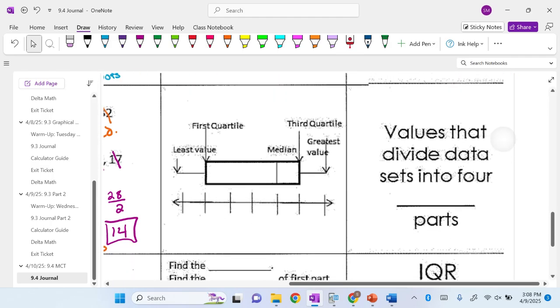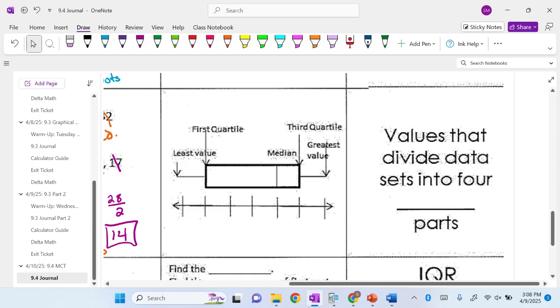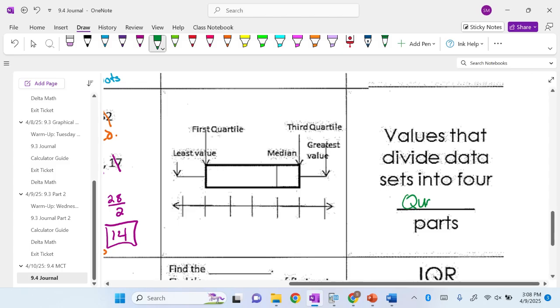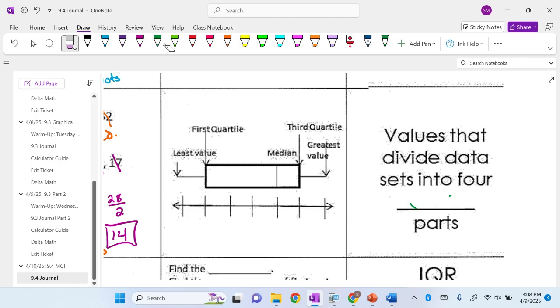Now, we then have our quartiles. So we talked about this yesterday when we were doing box plots. So quartiles are simply values that divide data into four parts, into four equal parts.